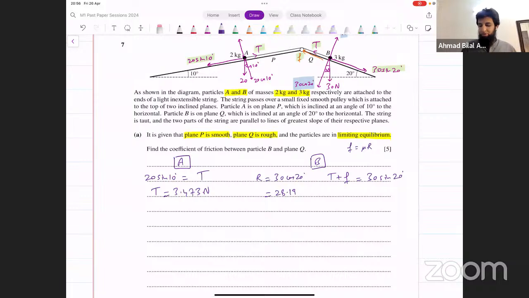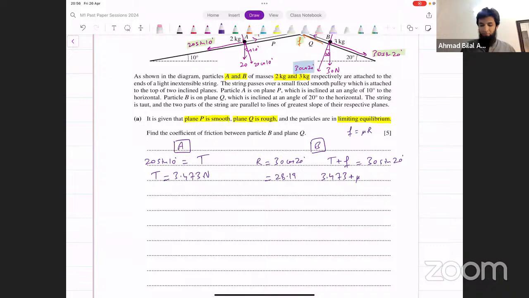Now we know the value of tension, that's 3.473 plus friction. Friction is mu into R. Mu is what we have to find out. Let's leave R as this. 30 sine 20, that's giving me 10.261 on the right side.